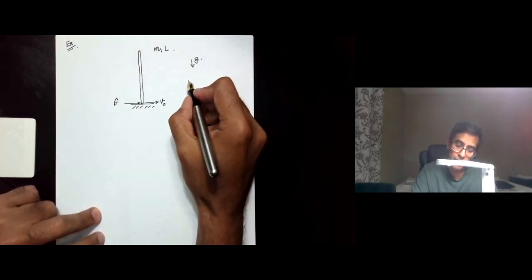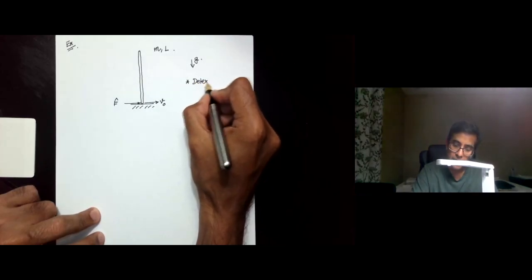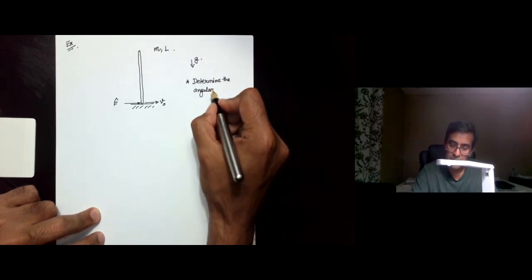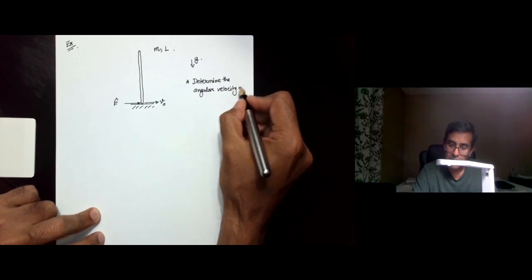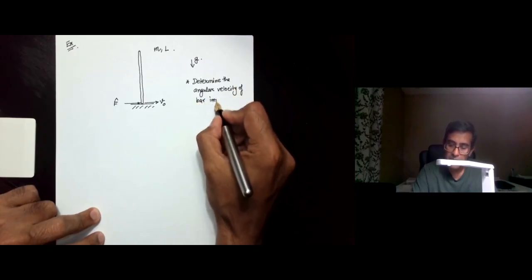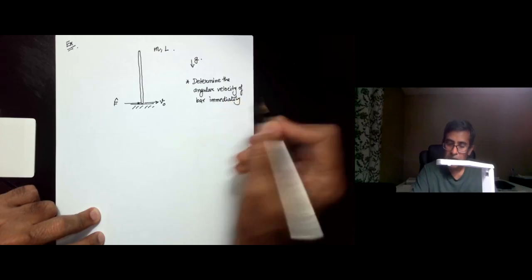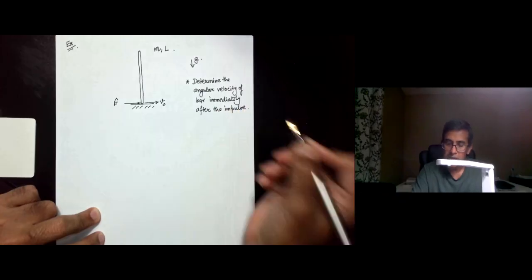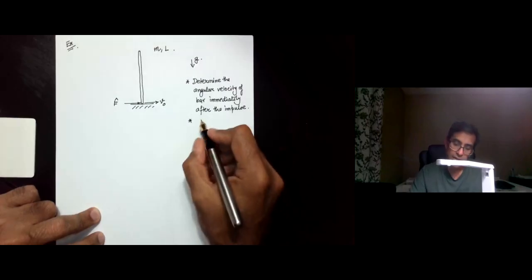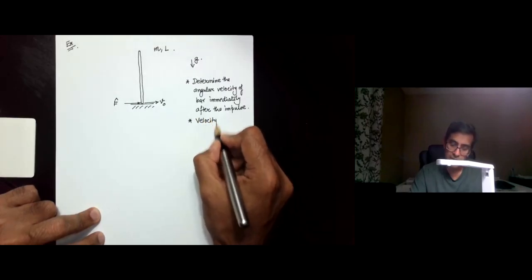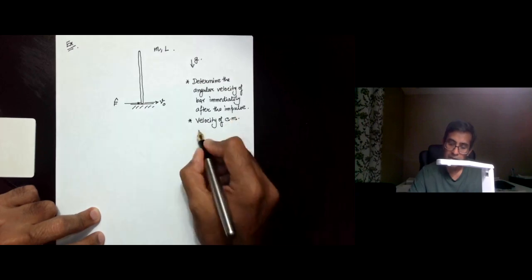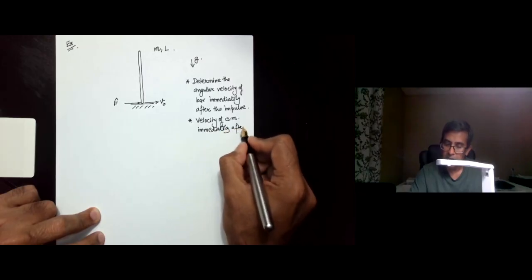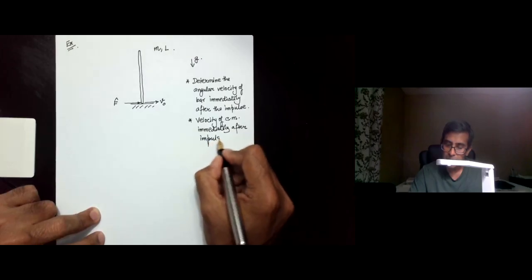So we want to determine the angular velocity of the bar immediately after the impulse, and we also want to find the velocity of the center of mass immediately after the impulse.